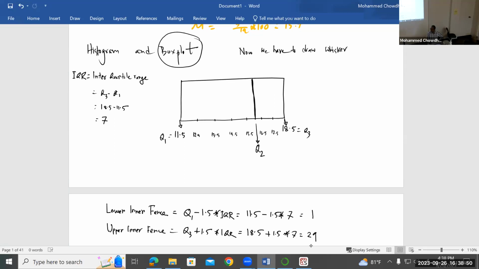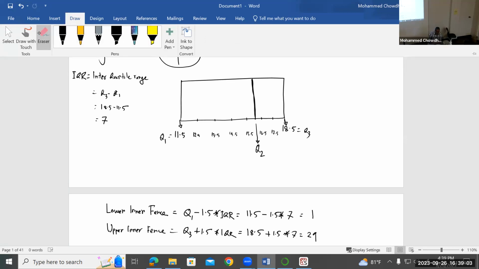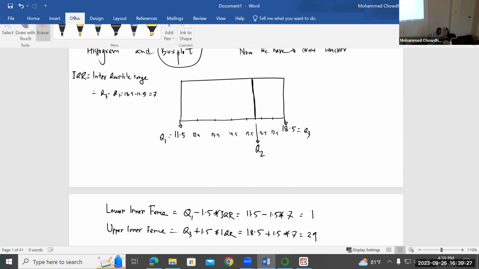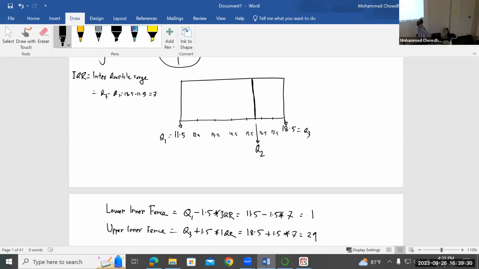Clear, right? Everyone ready? Okay, if you are ready, let me delete something in order to make the picture beautiful. Take a look at what I am deleting in here. This is equal to 18.5 minus 11.5 equal to 7. And then I want to delete these things because I need a space in there. Are you ready?